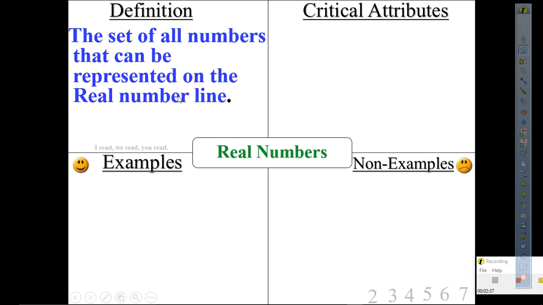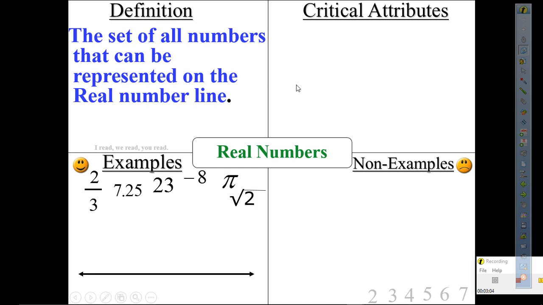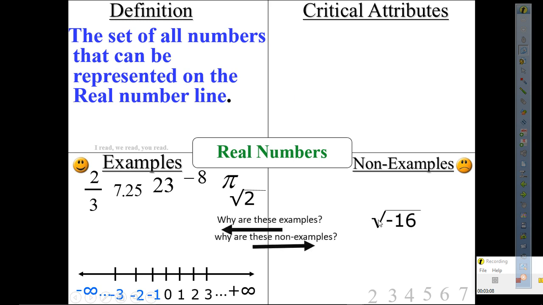Why is it so specific that we need to write real number line? Because we know that there are other lines, right? So if these are real numbers, what did we call that one? We called it the imaginary, right? Or complex.